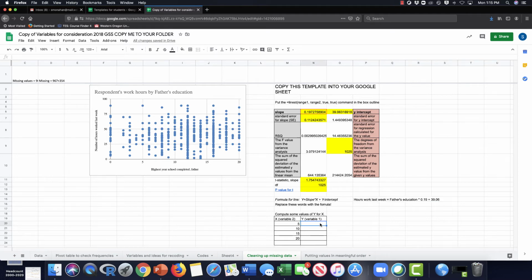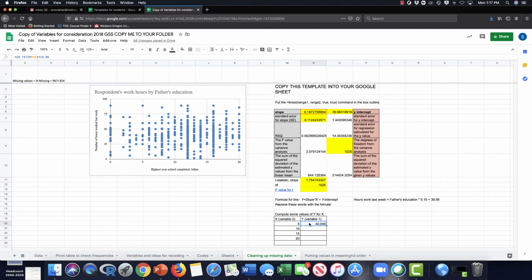And we can create that formula in our box so that we can compute some different values of y. So y is the slope, which is 0.1972, times the years of the father's education plus 39.06.